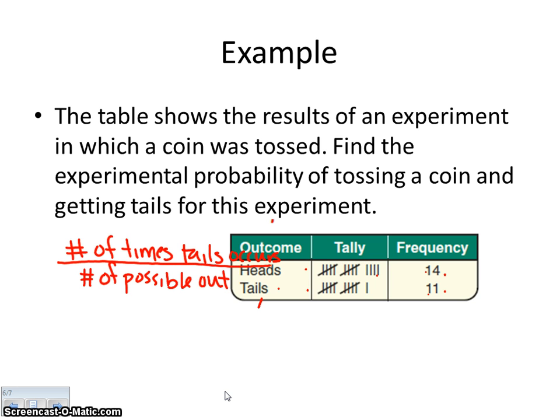Well, the question asks you to find the experimental probability, which is what actually happened, of tossing a coin and getting tails for this experiment. So the number of times getting tails is 11, and the total is over 25. I got that because I added the tails with the heads, and I just got that total as being 25.